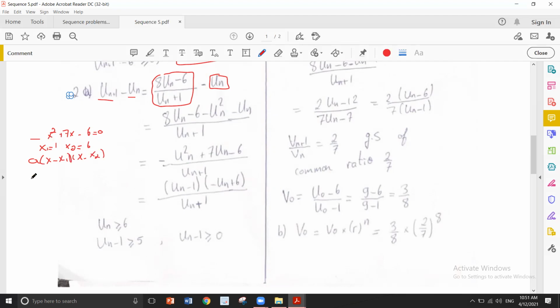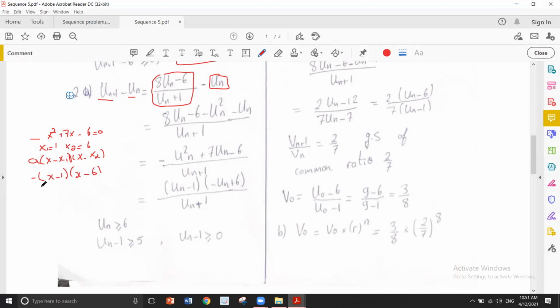The A is minus 1, so minus, x minus 1, into x minus 6. This minus I can multiply it by one of them.